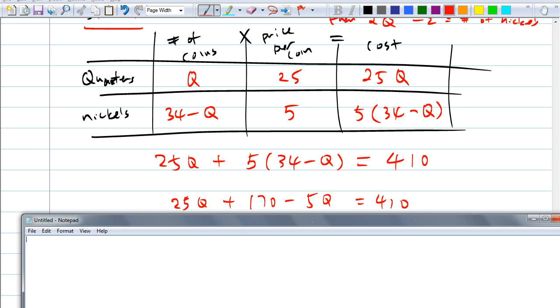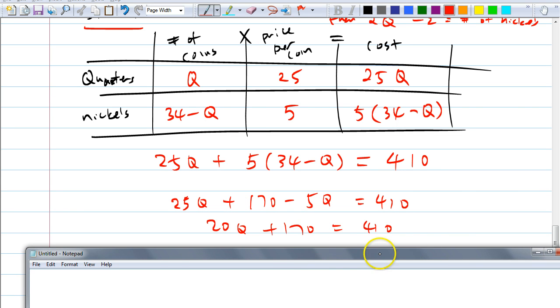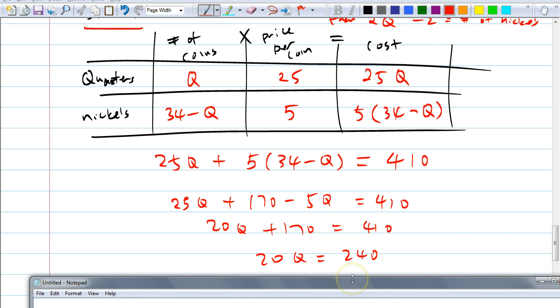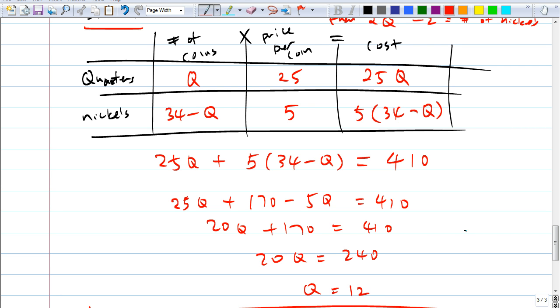Now next, Eunice, what do I do next? Exactly, you gather the like terms, 25Q and negative 5Q, you get 20Q. Subtract both sides by 170, you get 240. Divide both sides by 20, you get 12. Now, if I know the number of quarters is 12, how many people got 12 as the answer? Very good.